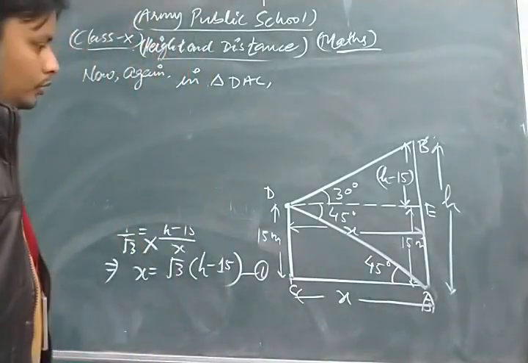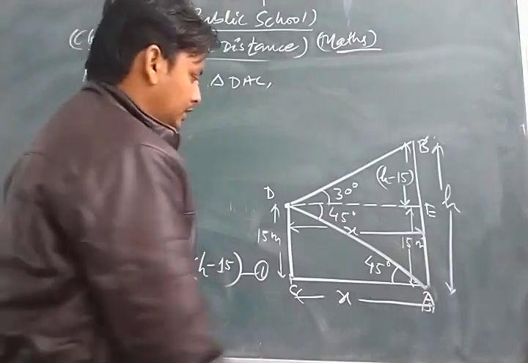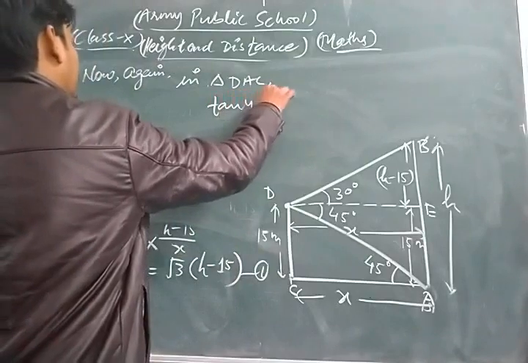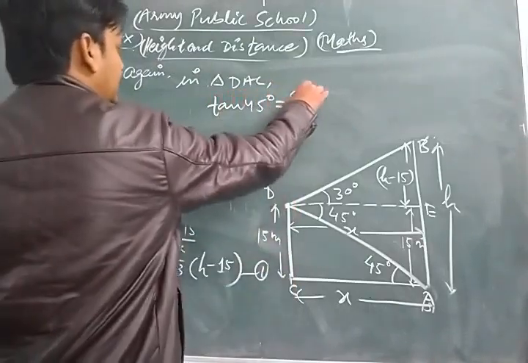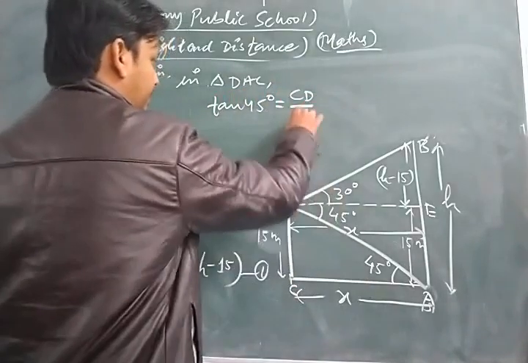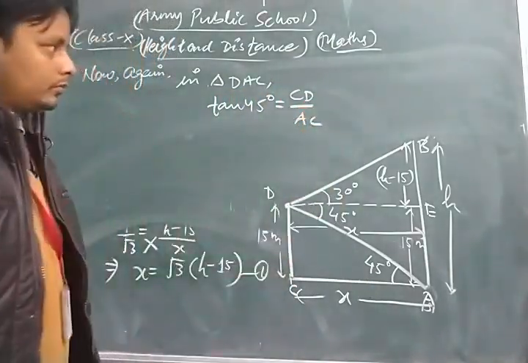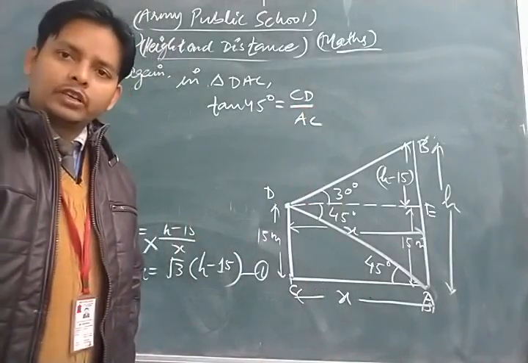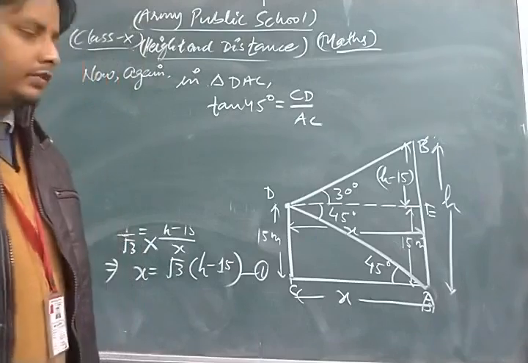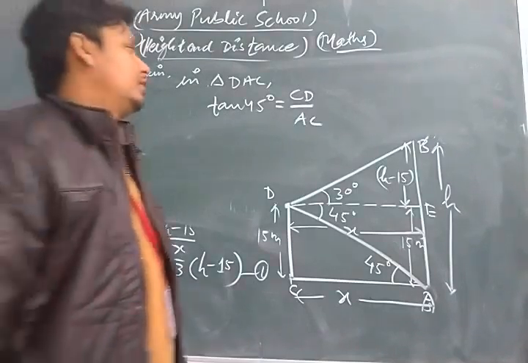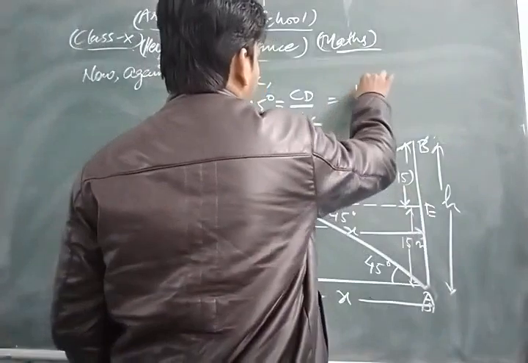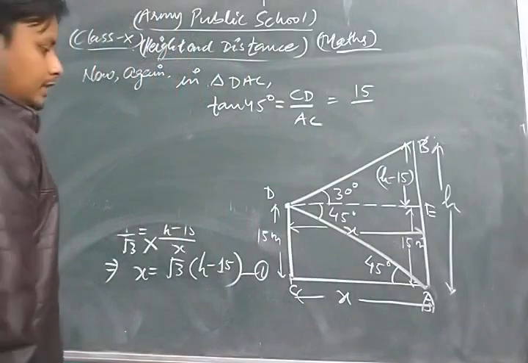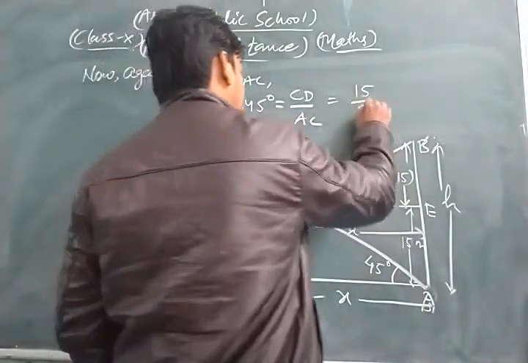According to that concept, this is tan 45 degree. Perpendicular is what? CD. Base is what? AC. And dear student, you know that CD is what? 15 meter. This is the height of the window from the surface of the earth, which is equal to 15 meter, upon AC, which was X. That is, we put as X.